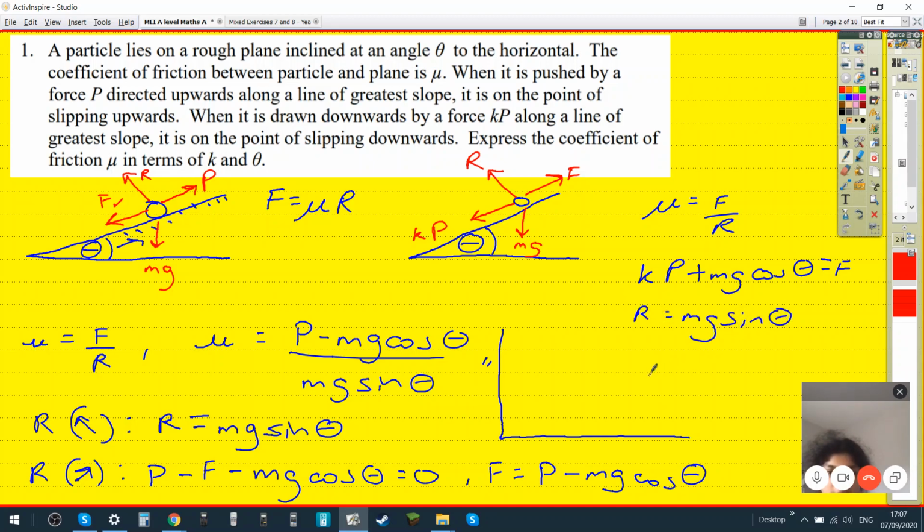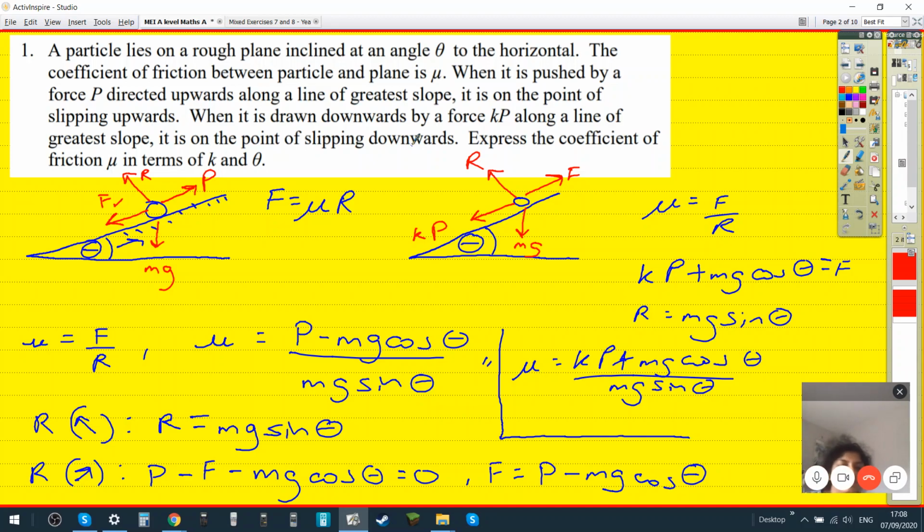And just substitute back in: KP plus mg cos theta over mg sine theta. We have a P. Were we supposed to have a P? There was a P in the first one as well.